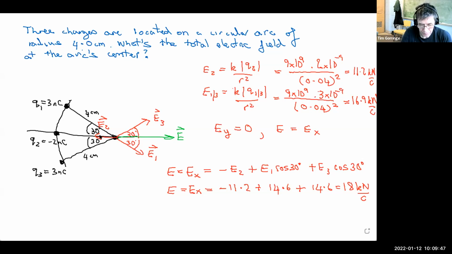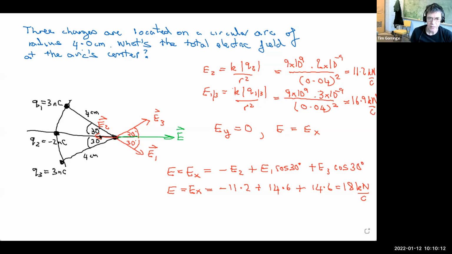kilonewtons per coulomb. Anyway, that problem involved Coulomb's law for the electrical fields of point charges. And it involved, more importantly, the superposition principle for the electrical field of several point charges. It also involved a bit of geometry and a bit of symmetry.